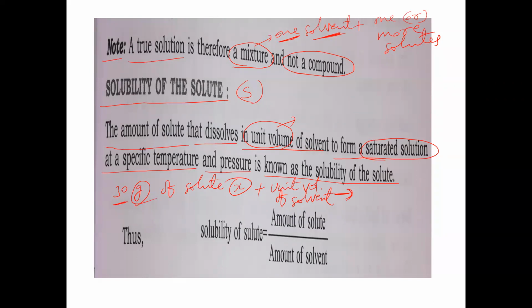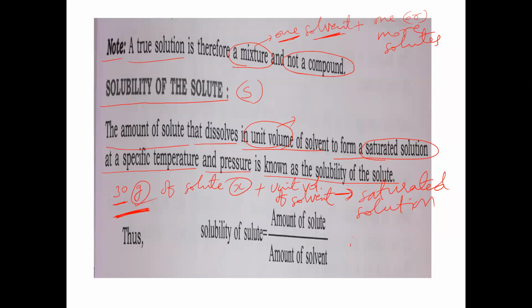So the amount of solute that dissolved in unit volume of solvent gives a saturated solution of that solute. To get this saturated solution, how much solute is required? 30 grams. So 30 will be the solubility.